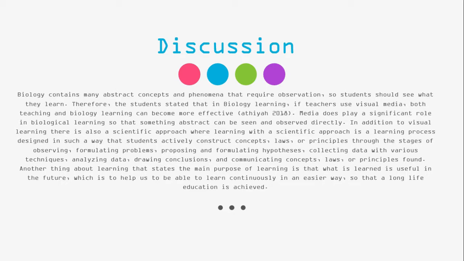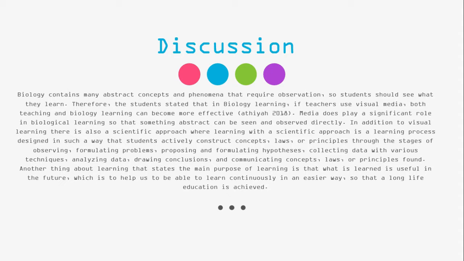In addition to visual learning, there is also a scientific approach, where learning with a scientific approach is a learning process designed in such a way that students construct concepts, laws, or principles through the stages of observing, formulating problems, proposing and formulating hypotheses, collecting data with various techniques, analyzing data, drawing conclusions, and communicating the concepts, laws, or principles found.